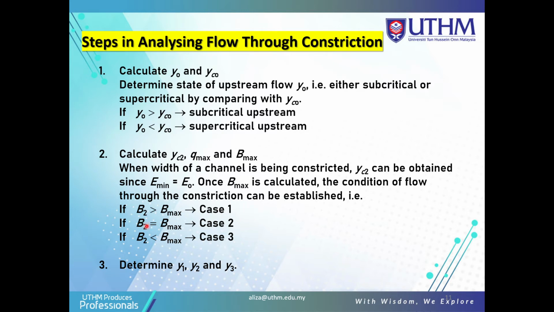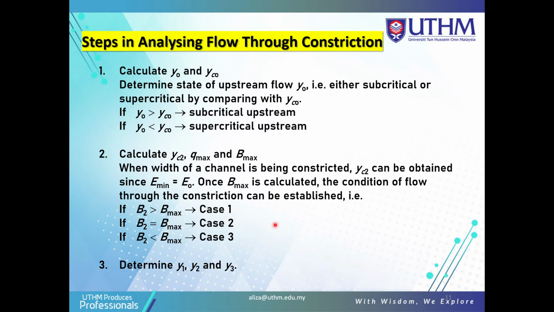B2 equal to B maximum is case 2. B2 less than B max is case 3. And then at step 3, you must find Y1, Y2 and Y3. That's all for the step by step; they have 3 steps, also the same as the 3 steps in the broad crested weir.